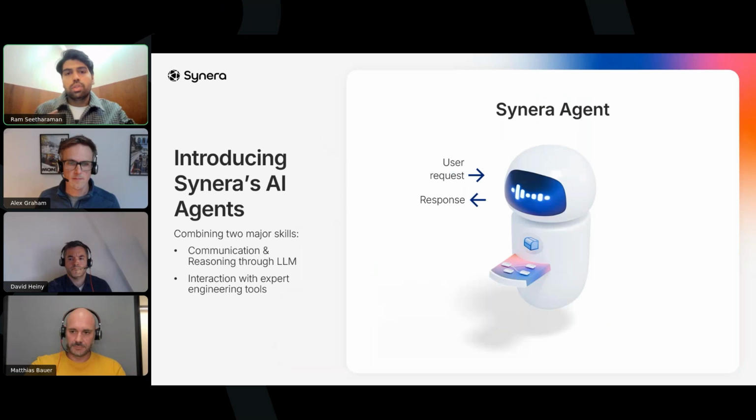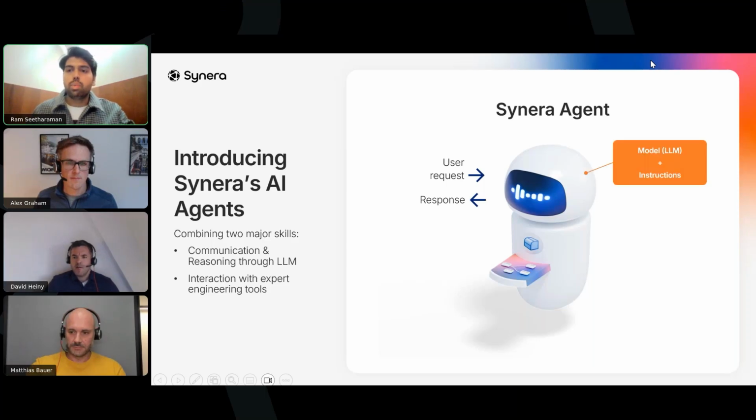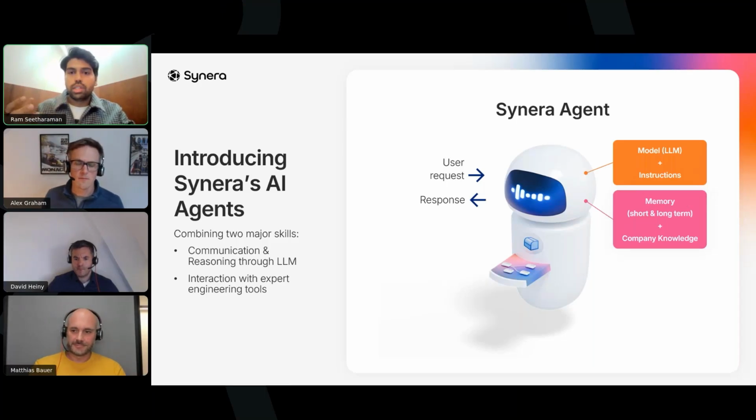For those of you new here, the way we define an engineering agent is something like this. In general, an agent is a large language model powered mechanism that takes a request and sends out a response. What this means is typically we have a large language model. We also have some kind of orchestration through prompts, through context management.